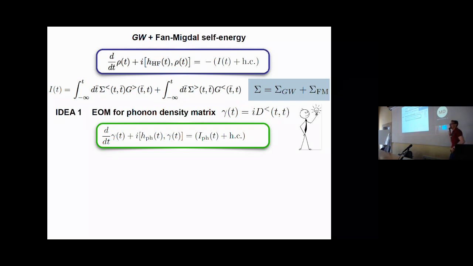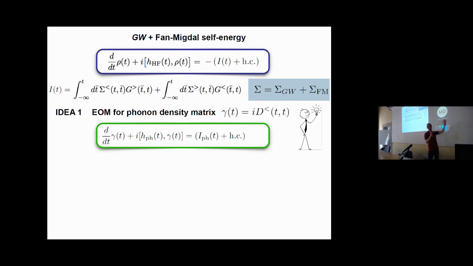So now the first idea to make progress is to treat electrons and phonons on the same footing. So exactly like we did for electrons, we didn't propagate the 2-times Green's function, but only the density matrix. For phonons, we want to do the same. We want to calculate only the phonon density matrix, gamma.